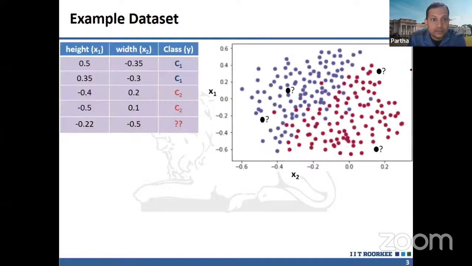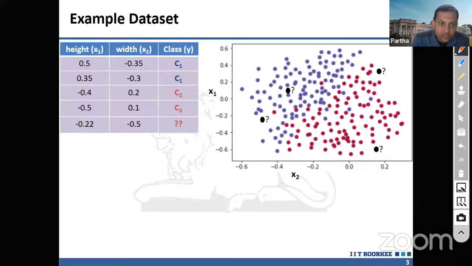Okay, so let's move with the simple data sets. I think you have already seen this in supervised learning. In supervised learning, you have some features, like x1 and x2. These are independent variables.